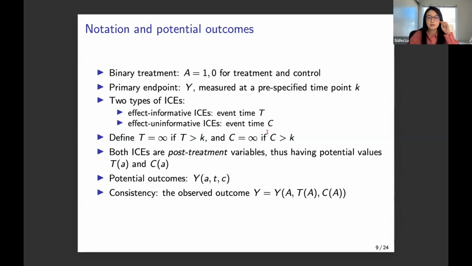And because we only care about the outcome measured at K, we're going to define T and C to be infinity when they are larger than K. And because both intercurrent events are post-treatment variables, they both have potential outcomes. And so we're using the potential outcome framework. We use this notation to denote the potential outcome and impose the consistency assumption.